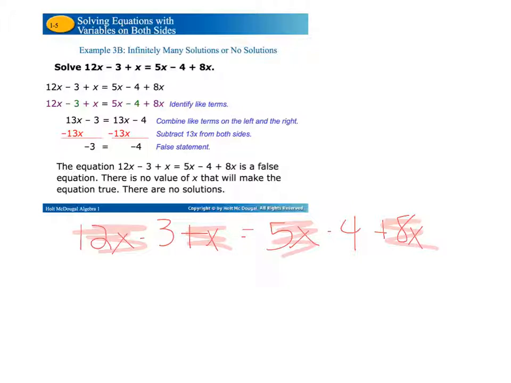So 12x plus 1x gives me, somebody? 13x minus 3 equals 8 plus 5? 13. Okay, I now need to group my letters.